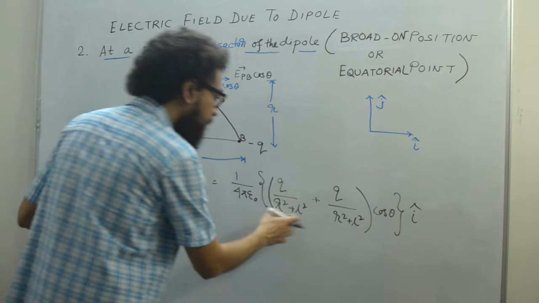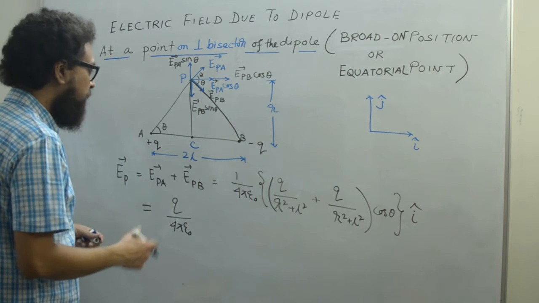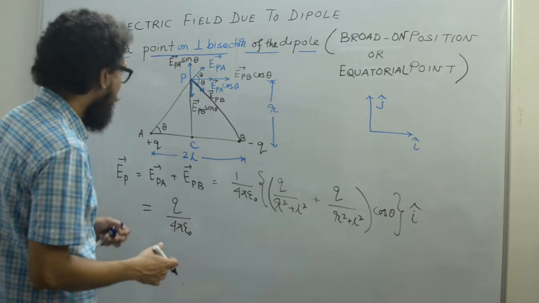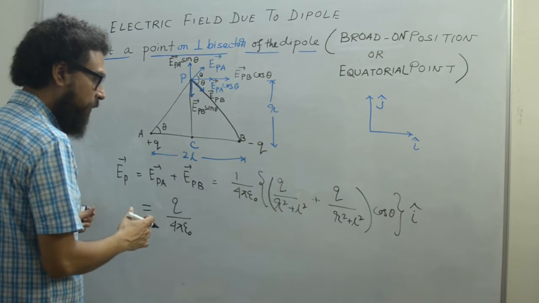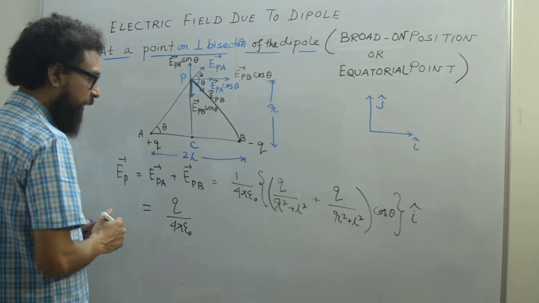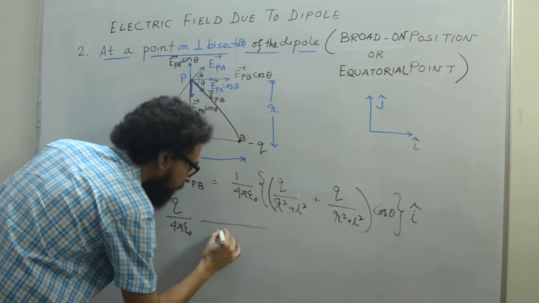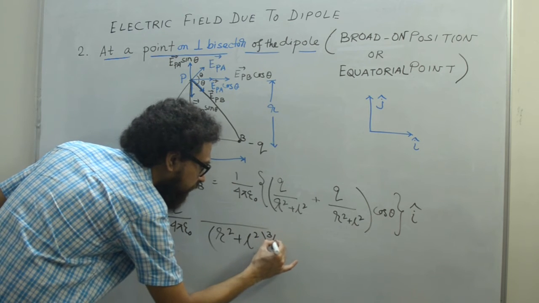And since we have these squares here, so cos theta will write immediately, and Q I have taken common, and this is still there. Okay, no issue. R square plus L square whole to the power 3 by 2.